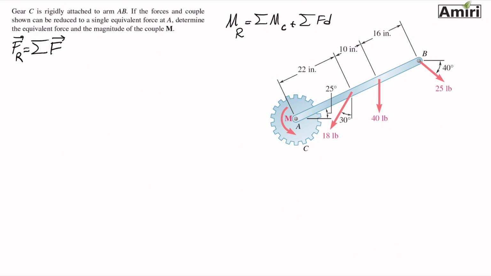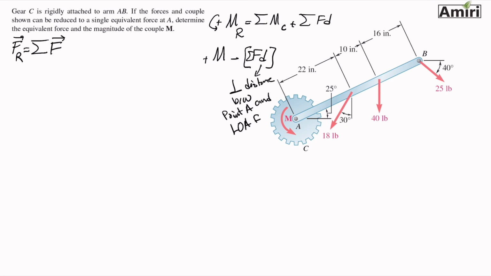There is one existing couple moment, so there's just M, and we usually go this way as positive, so that one is positive, minus the summation of all FDs, and that D is the perpendicular distance between point A and the line of action of each force.